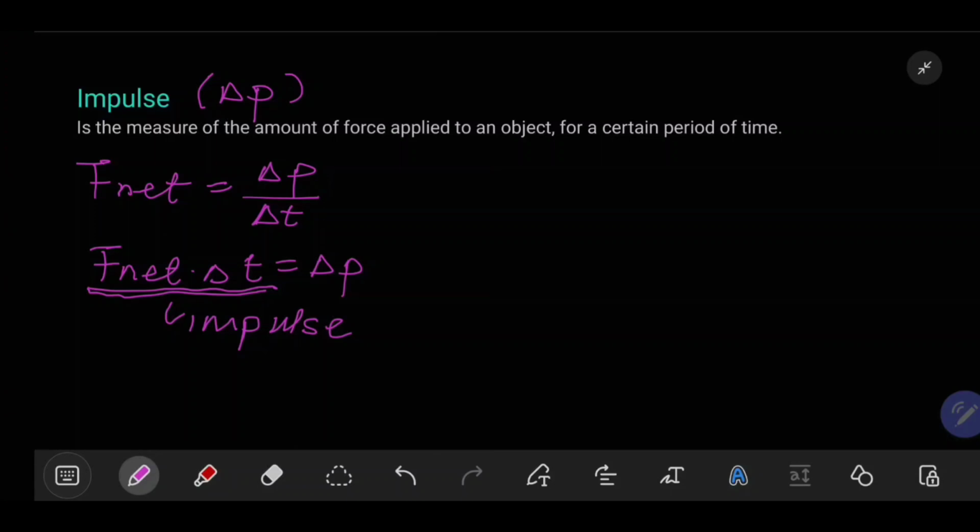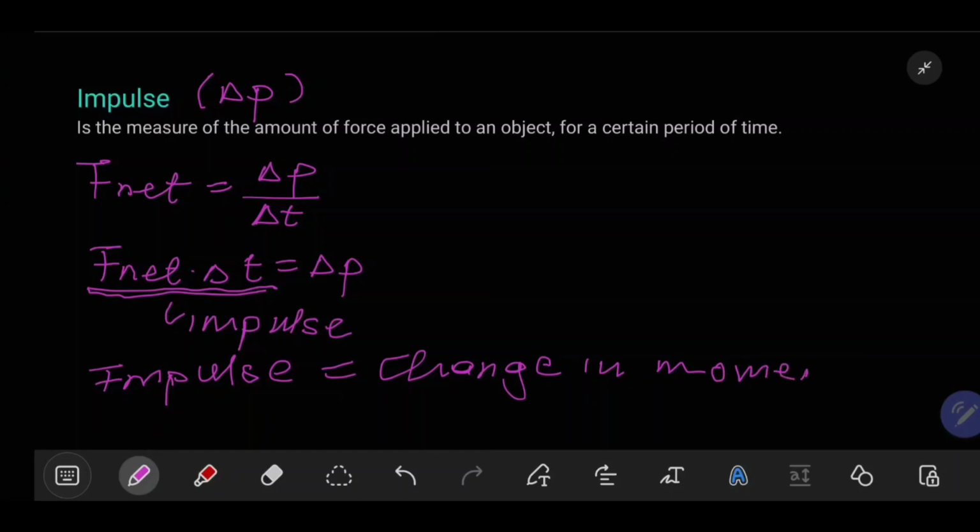Mathematically, we know that the impulse is equal to the change in momentum. This is the mathematical part, then this is the English part.